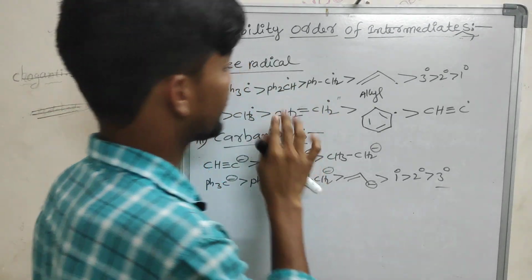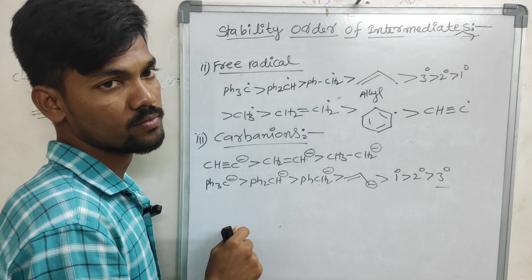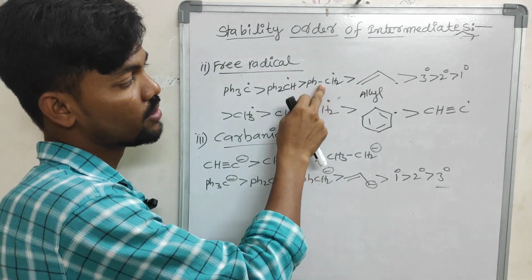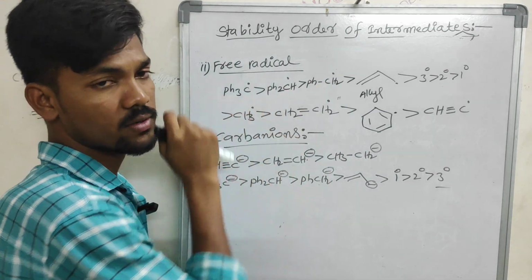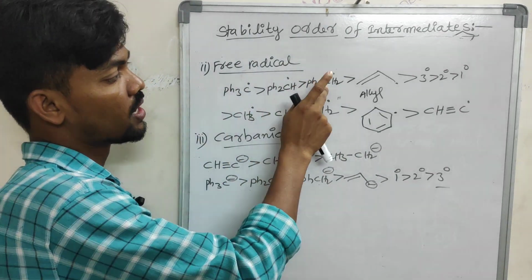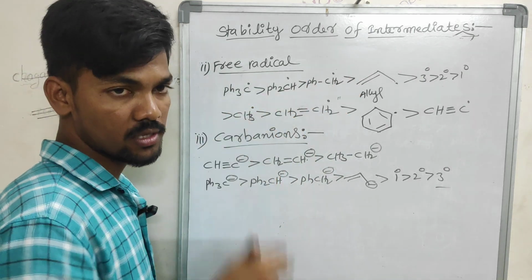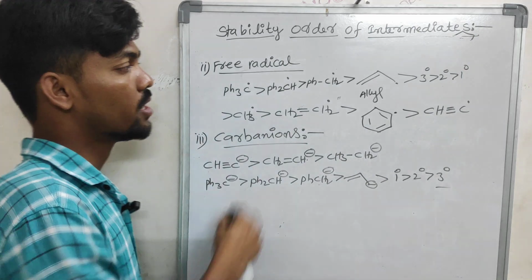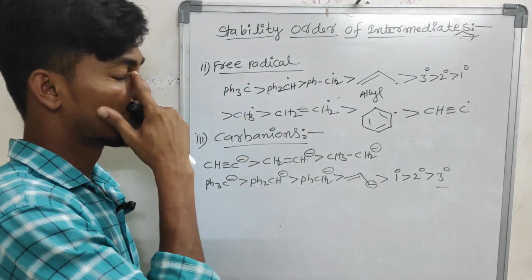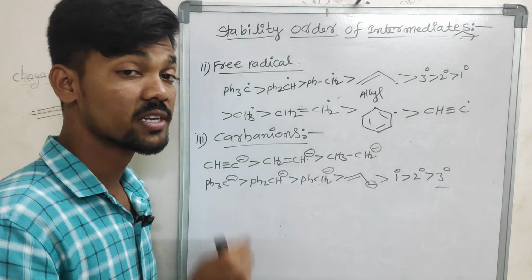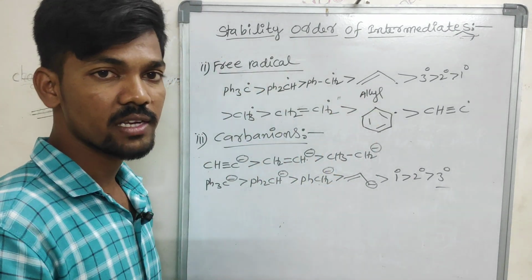Next, allyl is there as in the carbocation. Between the phenyl carbocation, which is the benzyl carbocation, and the 2 rings benzene carbocation, which one will form? Tertiary butyl carbocation is formed, but here tertiary butyl is not given.